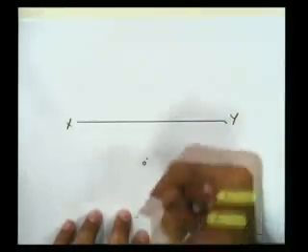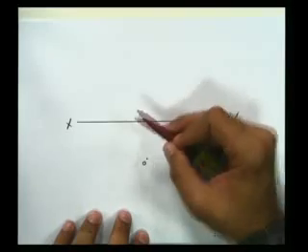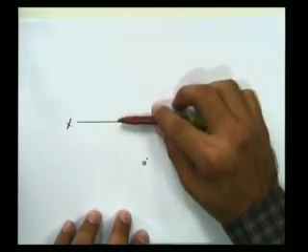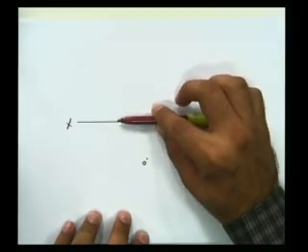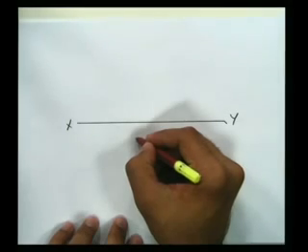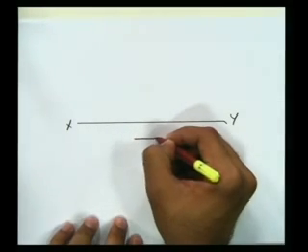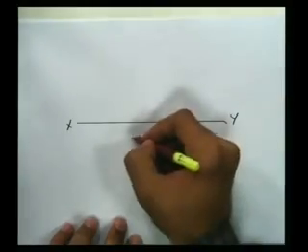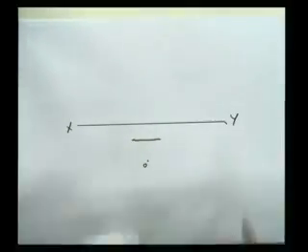Another thing that is given to me is that this can be considered as VP when we are drawing HP. So one of the sides has to be parallel to what? It has to be parallel to this VP. So first of all, I'll draw this side which is parallel to VP. I'll use a scale, but I'll be drawing it freehand.